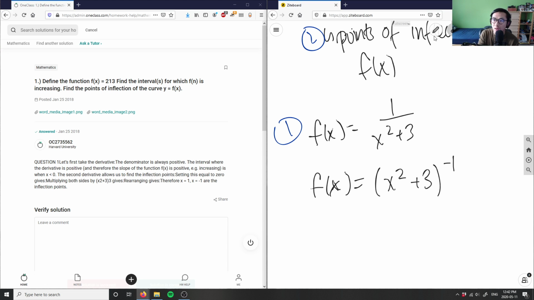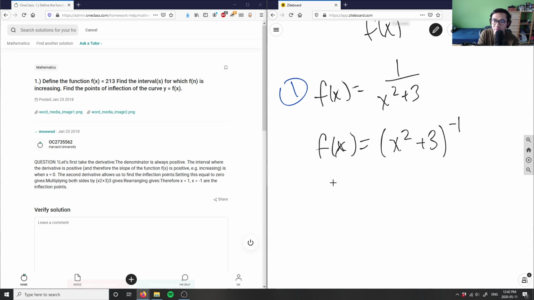And then finally, what I can do here is take f prime of x, right? So f prime of x, the derivative of f of x, would equal, I would bring down this -1 here. So I have -1 times x squared plus 3, and I would lower the exponent by 1. So -1 becomes -2, times the derivative of the inside.